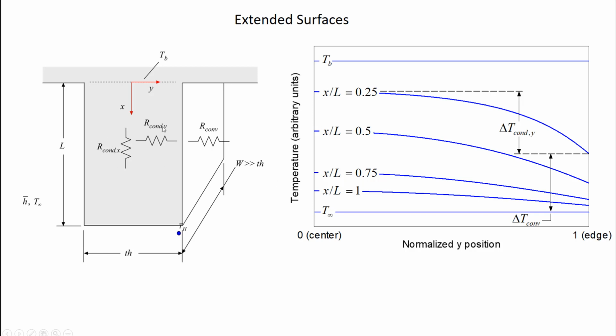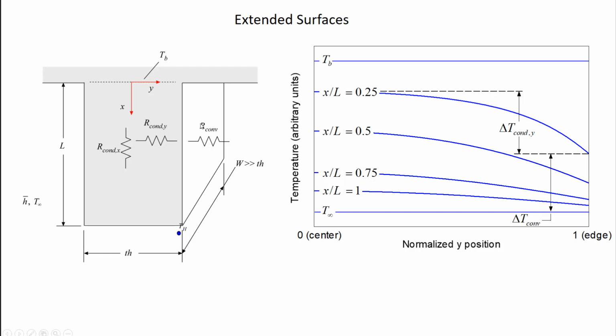I should see a conduction resistance in the Y direction, so as I move from the center to the edge, I should see a temperature drop, and sure enough, at every one of these lines, I see a temperature drop. I called this one here delta T conduction in the Y direction as I move from the center to the edge. How big this delta T is related to how big this resistance is, right?